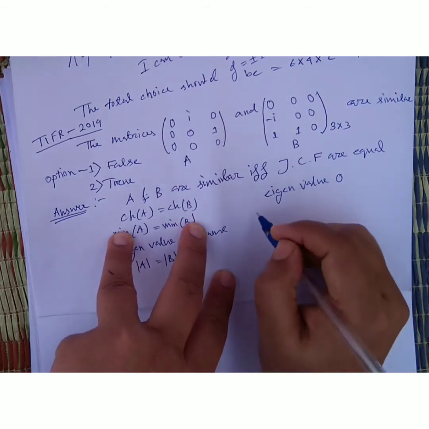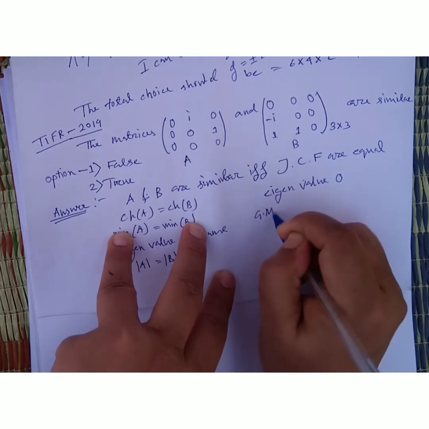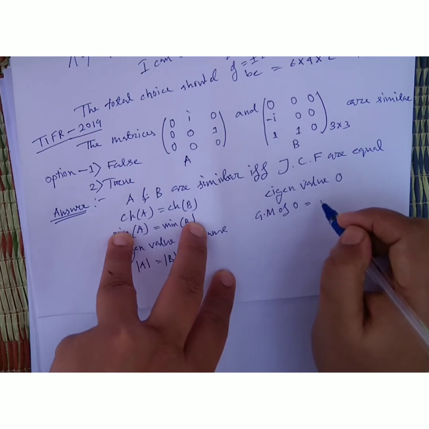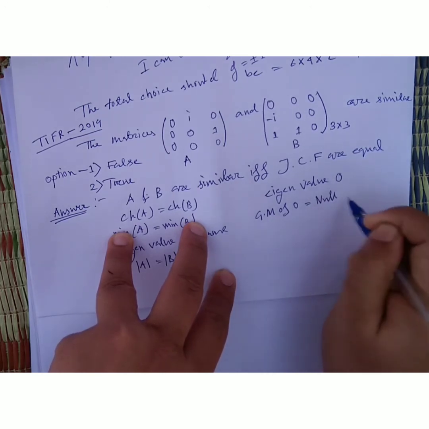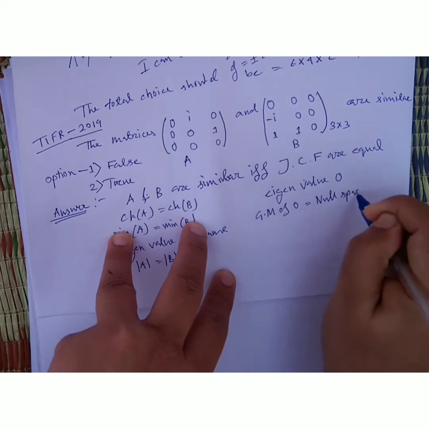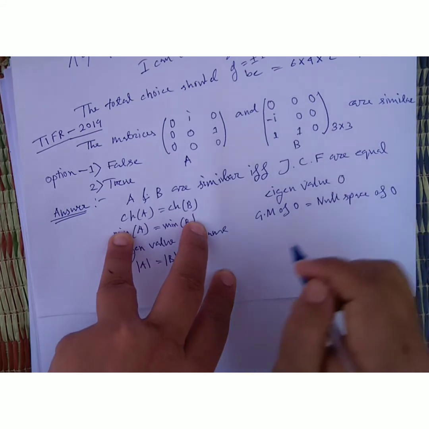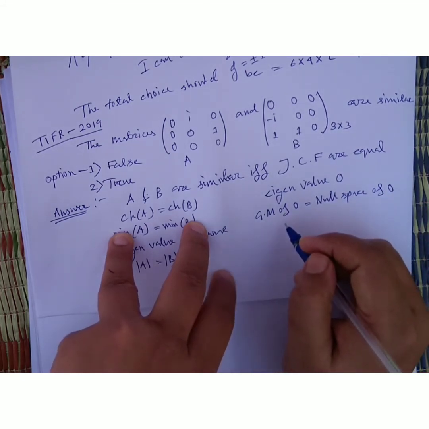In case of A, the GM of 0 is the null space of A minus lambda I, the null space of 0.